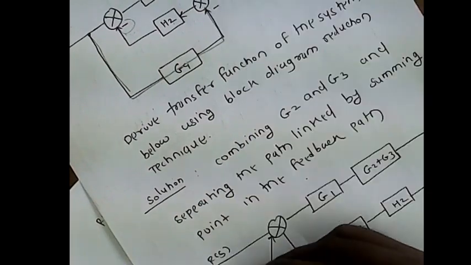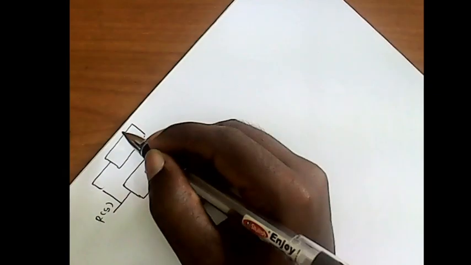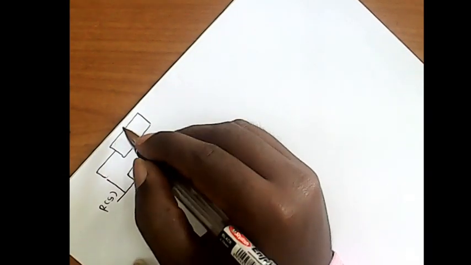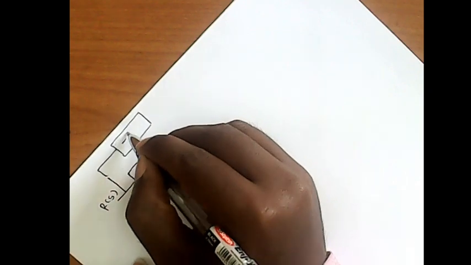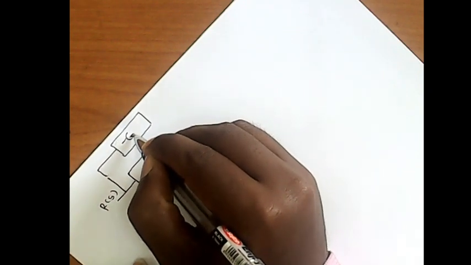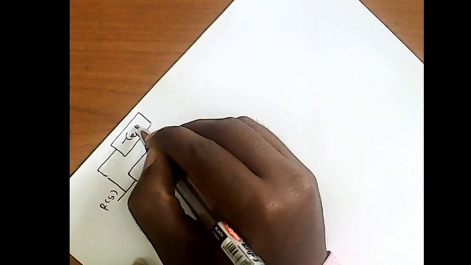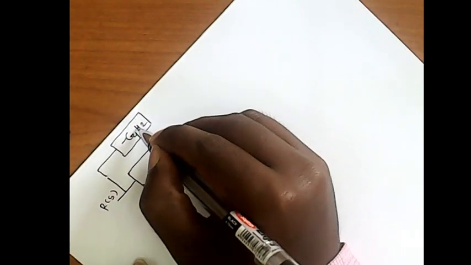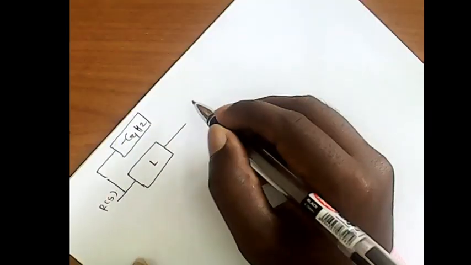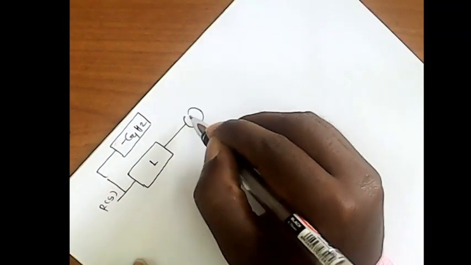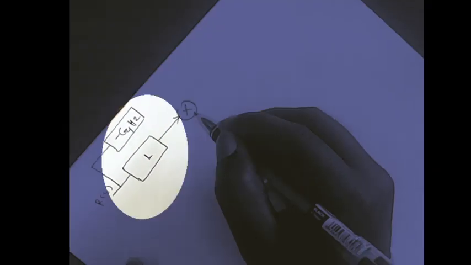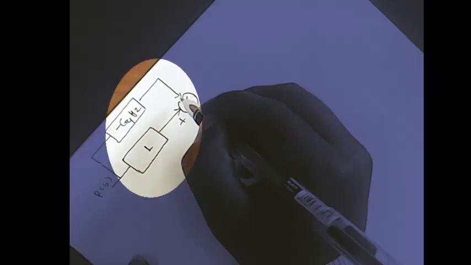So we can shift this path to the upper side, restructuring. So G4 into H2, summing point, that is plus, and here is a minus.